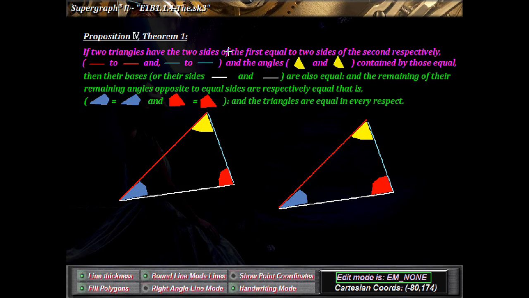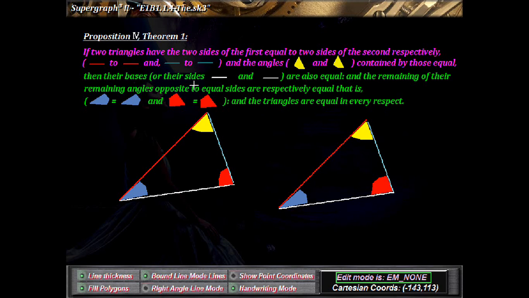If two triangles have these two sides the same, respectively, in the same relative positions, and the angles that they contain being equal as well, then the conclusion is in green.